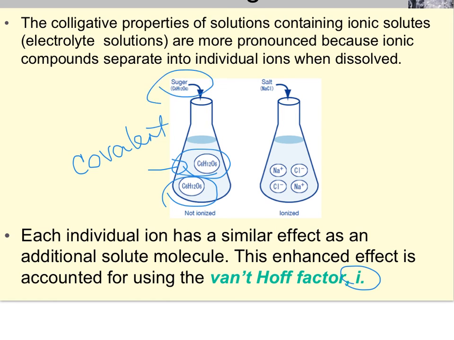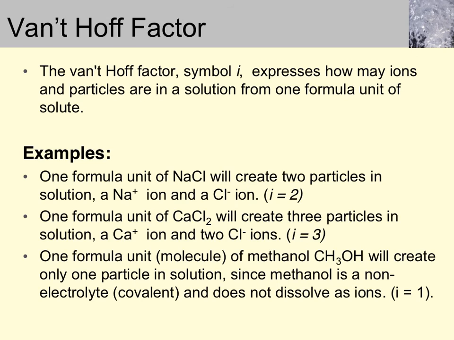So things like sugar, glucose, sucrose, things like that will always have an I equals 1, just one particle per one particle. It's only the ionic compounds, which when they dissolve split up into the cations and anions, that give you the Vant-Hoff factor of greater than 1. So the Vant-Hoff factor for sodium chloride, as I said earlier, is 2. Calcium chloride, I is 3. Methanol, on the other hand, is covalent, so I will equal 1.